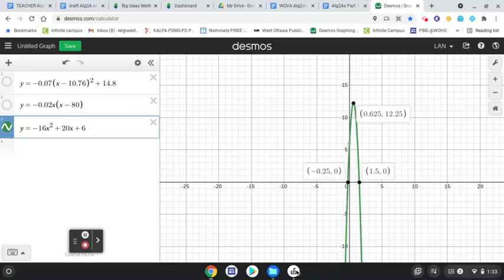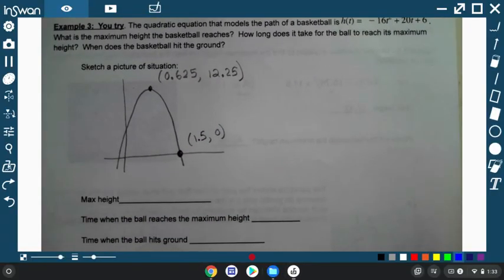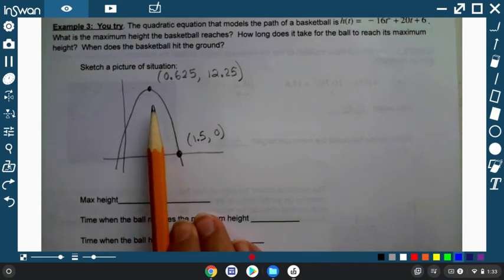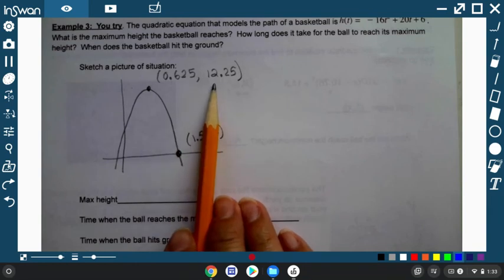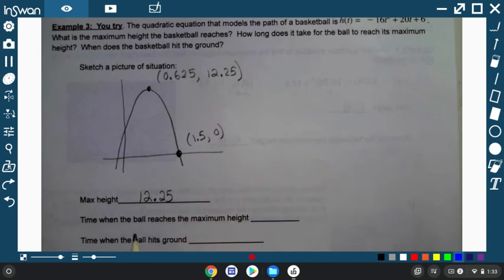All right, let's go back and make sure these questions are answered properly. So there's my sketch. I did not draw it as skinny as what Desmos was showing because I just wanted to label everything properly. It says which is the maximum height. Remember, height is how high, so it's how far up, and the y value tells how high. So that is 12.25.